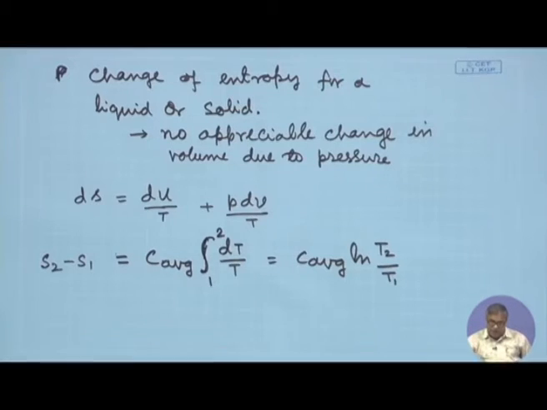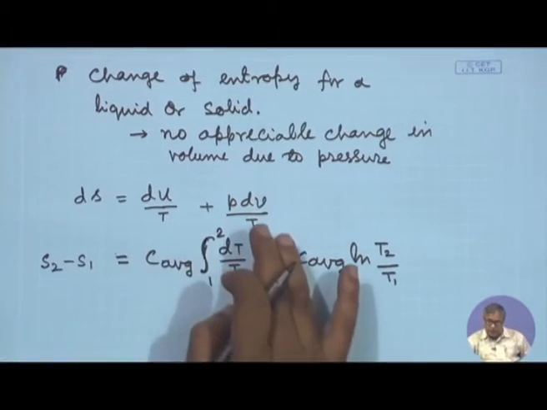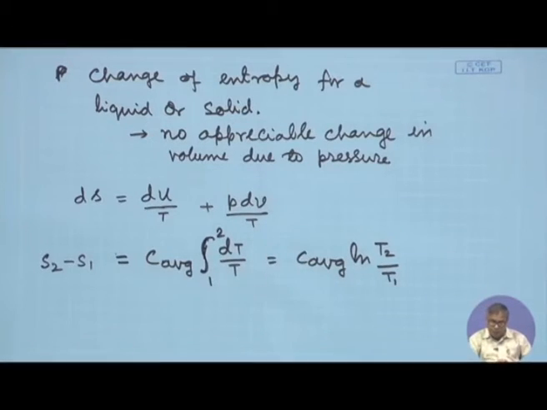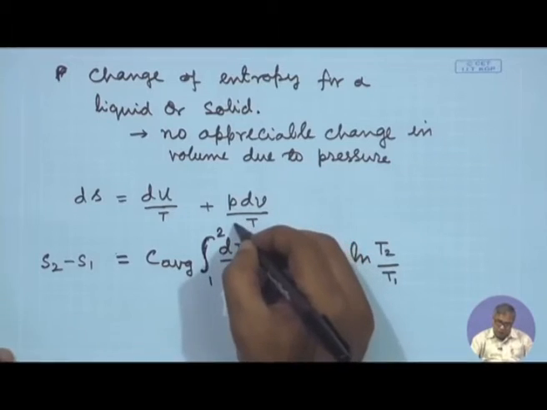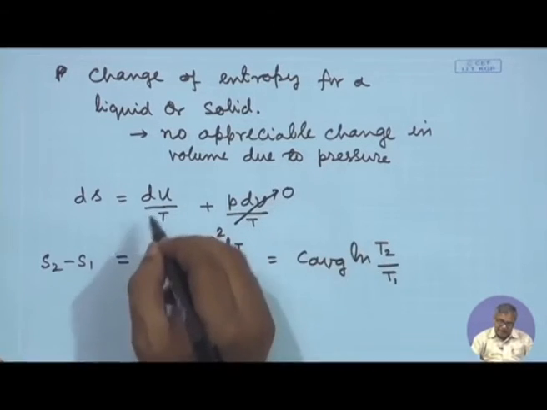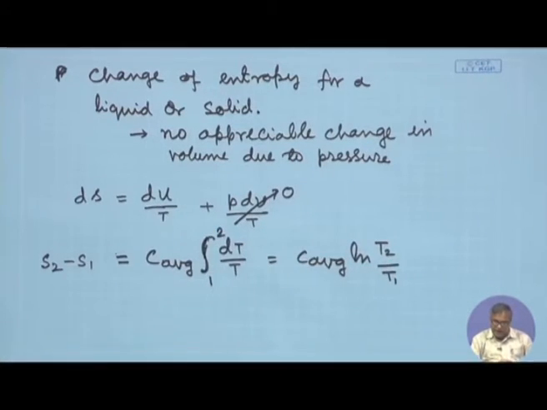First, the second term of this equation becomes 0. Then internal energy u can be written as C into T, a specific heat multiplied by temperature.